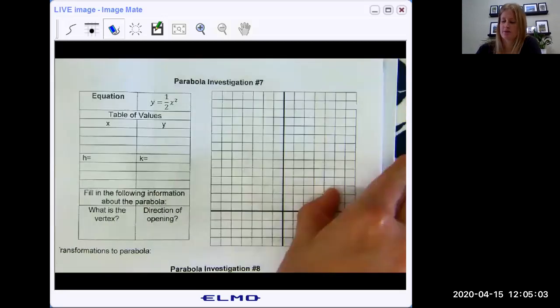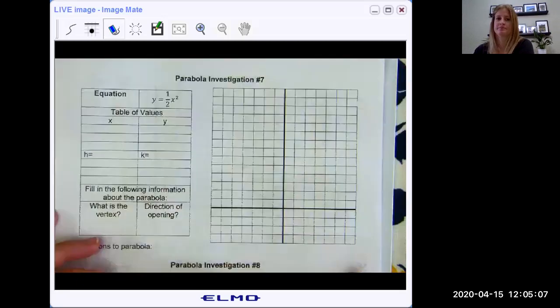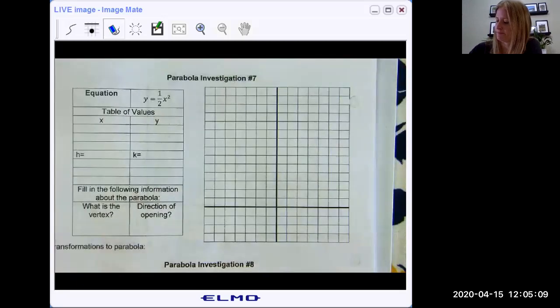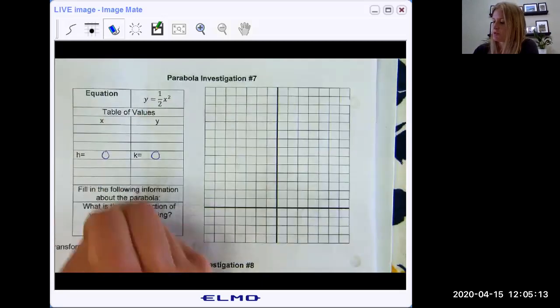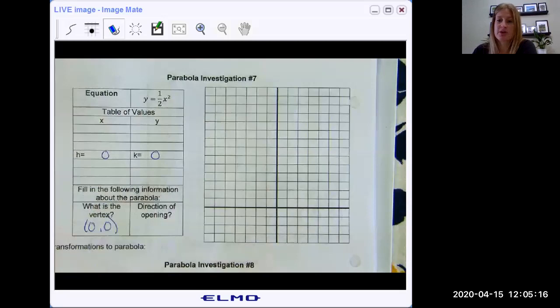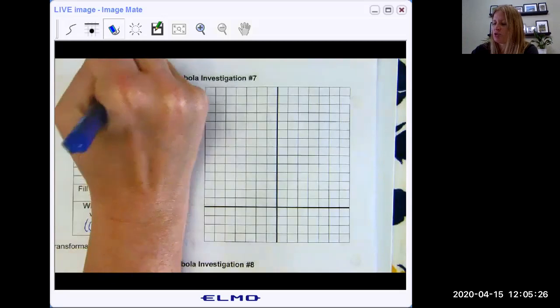Parabola investigation number 7. So there is no H and K value, which means they both have a value of 0. If there's no A value, what is the actual value of A? When previously we saw one that was something like y equals (x minus 2) squared.